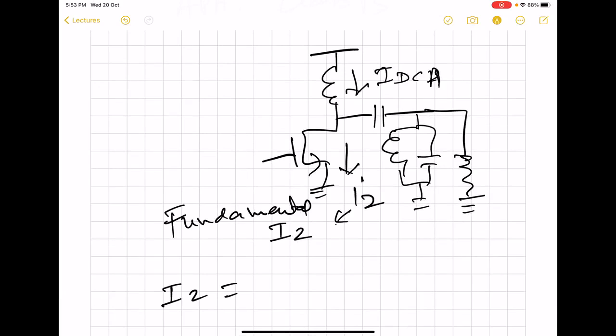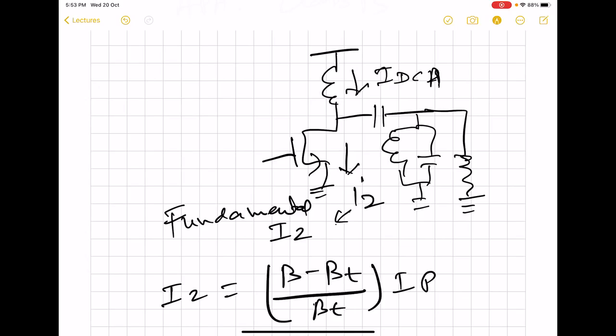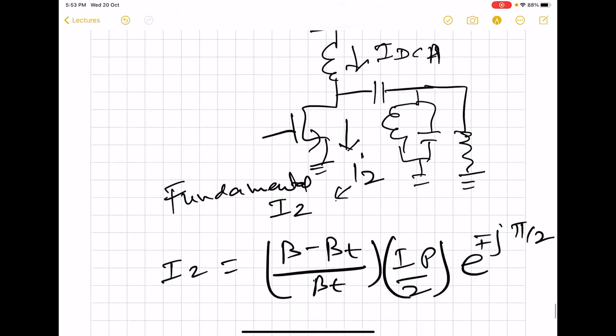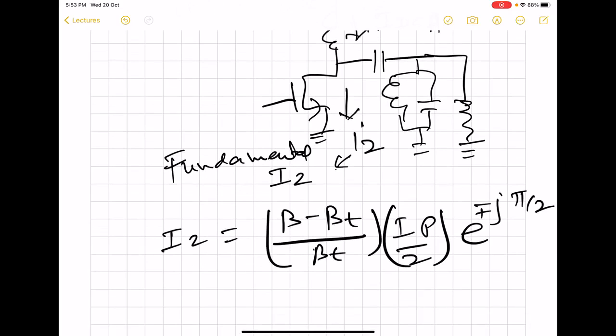I2 is equal to beta minus beta T by beta T into IP by 2 e raised power minus plus j pi by 2, right?